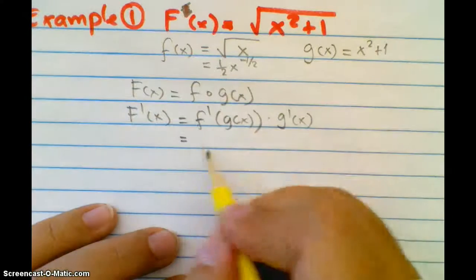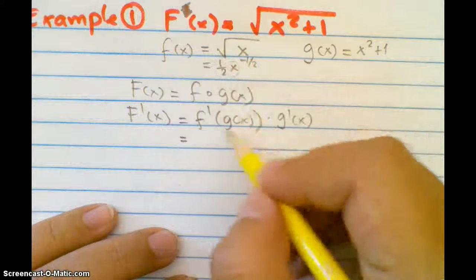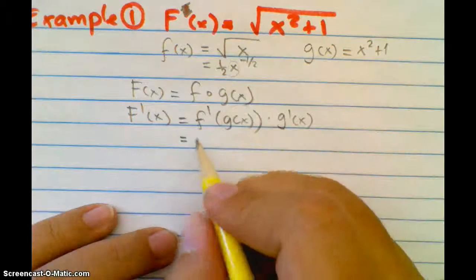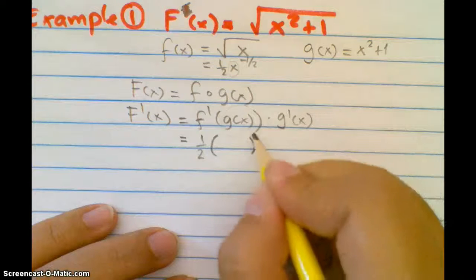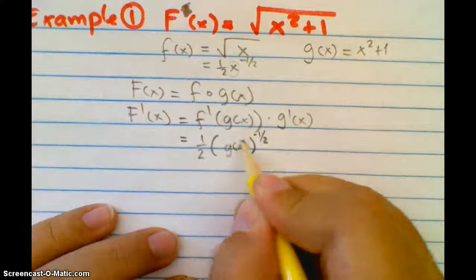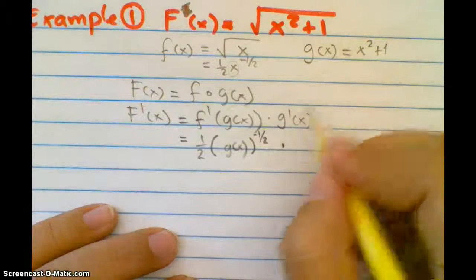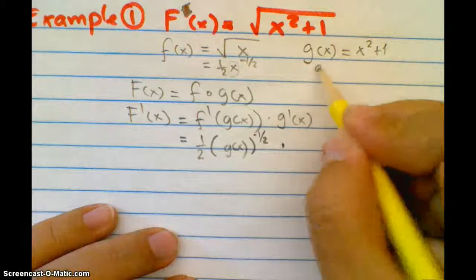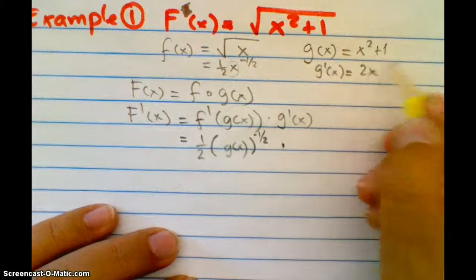Okay, so that's what I'm going to write here, except that it's not simply x, I have g of x. So this will be 1/2 of g of x to the negative 1/2, times the derivative of g. In here I'm going to apply the rule, and this is 2x.